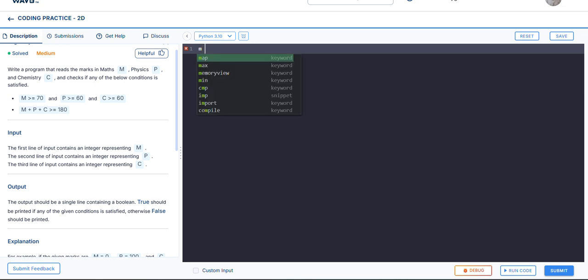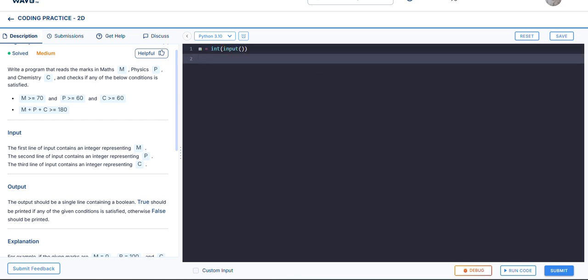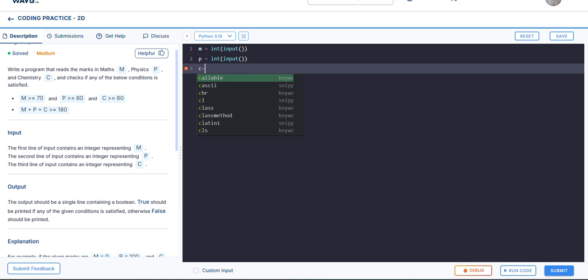That's why M equal to int of input, P equal to int of input, and C equal to int of input. Okay, we are done taking input.